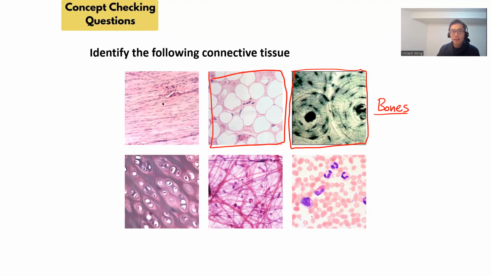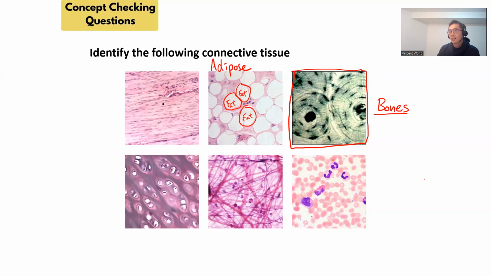Elastic cartilage. Good try. Not quite that one. If you see a lot of big empty circles, these circles are storing fat. Adipose. That's it. That's the one.